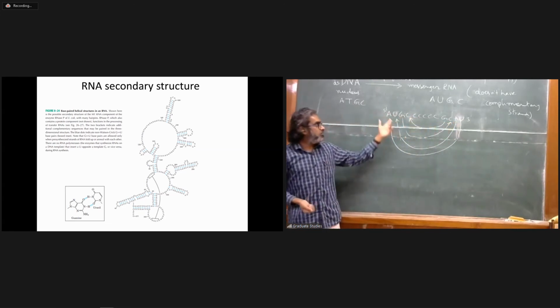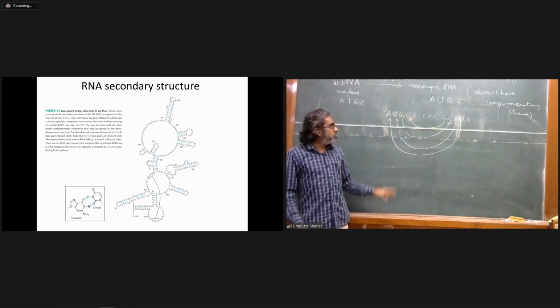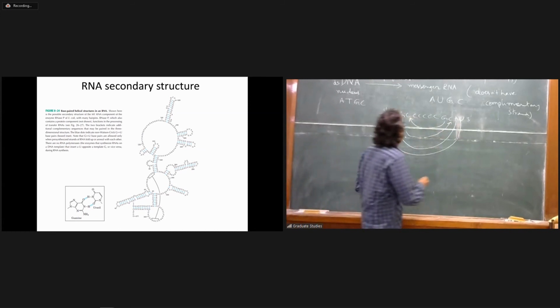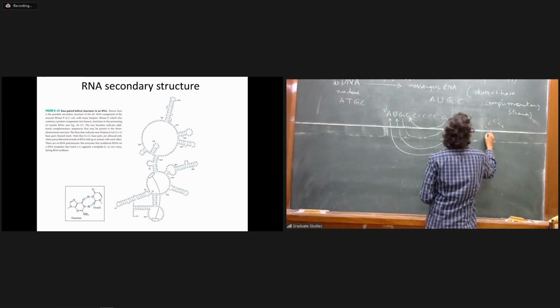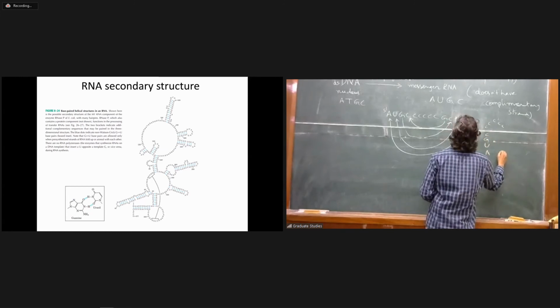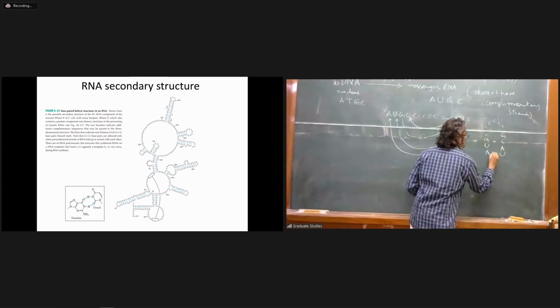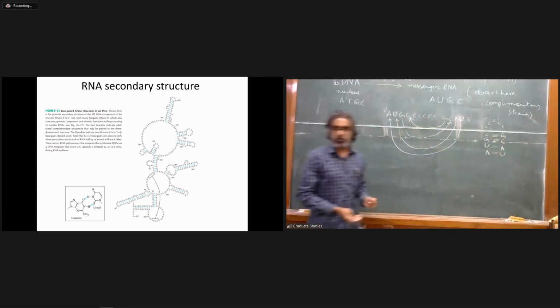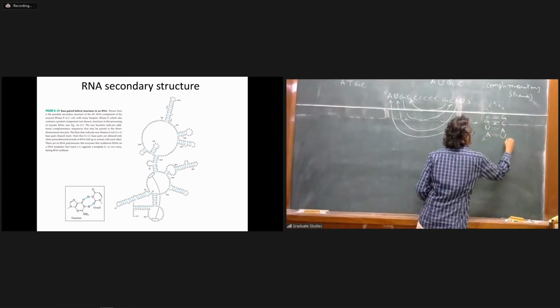As long as these bases can come together, once they pair, it forms a structure like this: C, G, U, A and here U, A, C, G. So this kind of structure can form, from 5 prime to 3 prime.